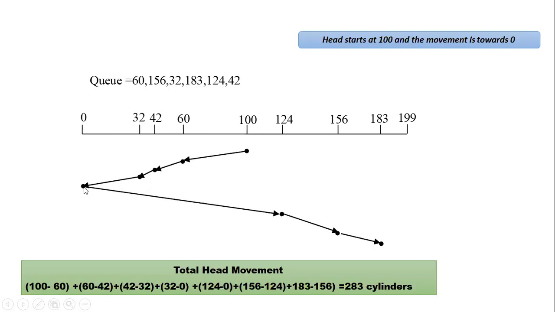Only after it reaches 0, it moves towards the right. So now from 0 it moves towards 124. So 124 minus 0, then 124 to 156, 156 minus 124, then 183, 183 minus 156. This is equal to 283 cylinders. The total head movement in this case is 283 cylinders.